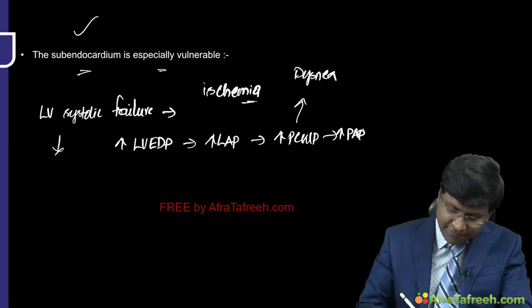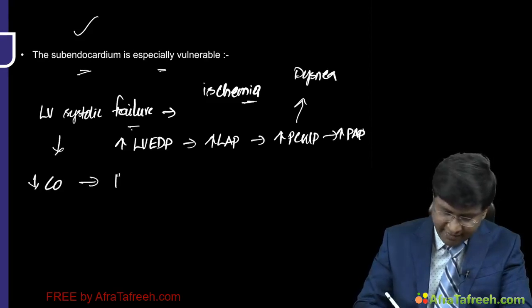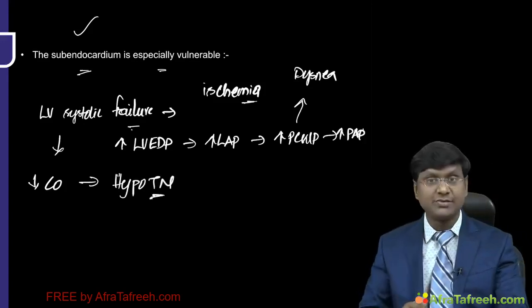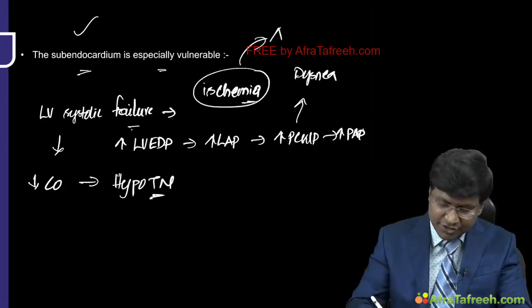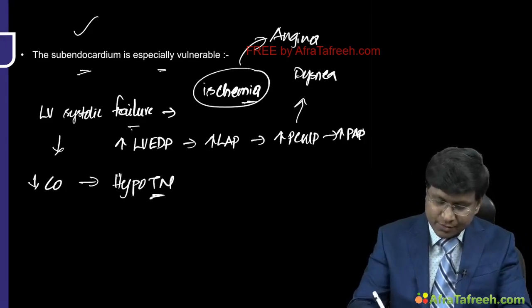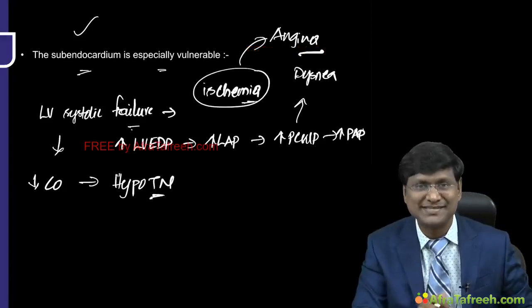LV systolic failure is there, so cardiac output is reduced. So these patients will have hypotension as well as syncopal attack. That is one thing. And another thing is there is ischemia, because of which there is angina. So this is the triad of the pathogenesis of aortic stenosis.